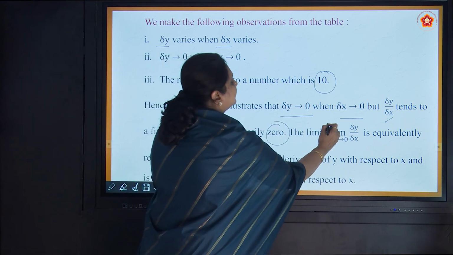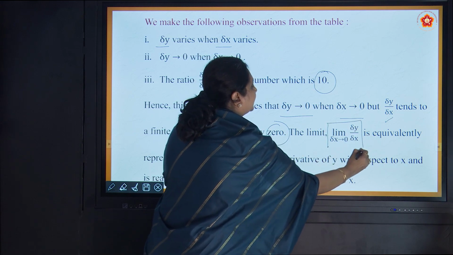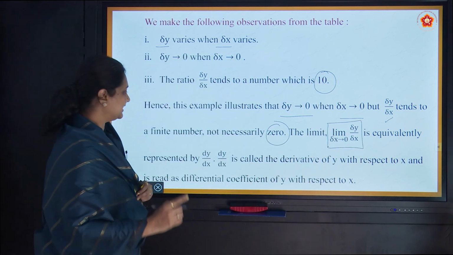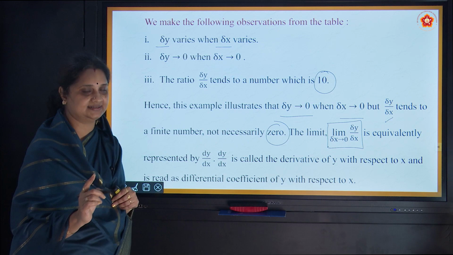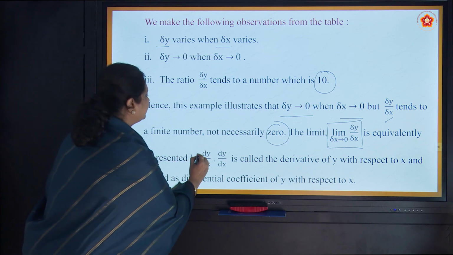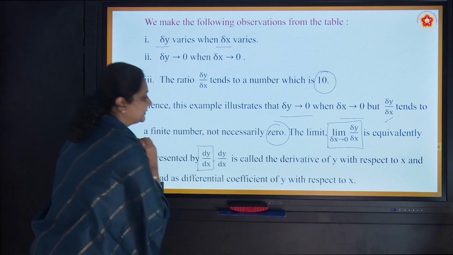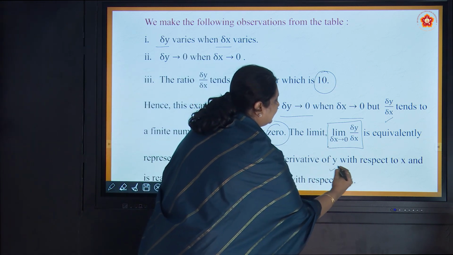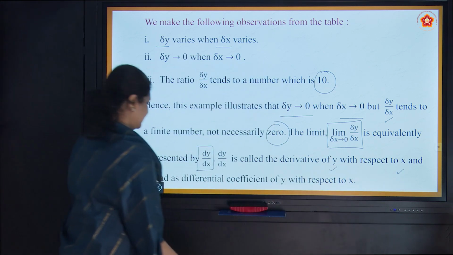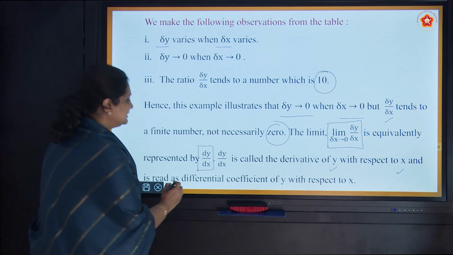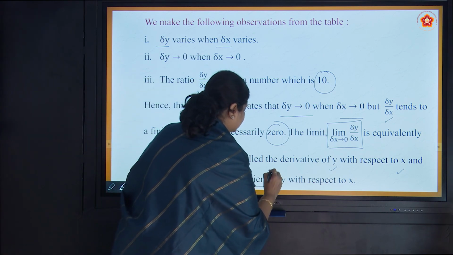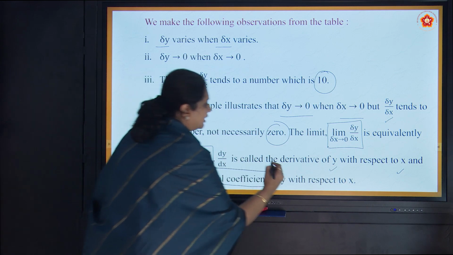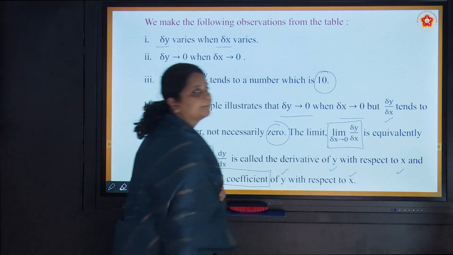So the limit del x tends to 0 of del y by del x is represented by dy by dx, and this is called the derivative of y with respect to x, and is read as the differential coefficient of y with respect to x.